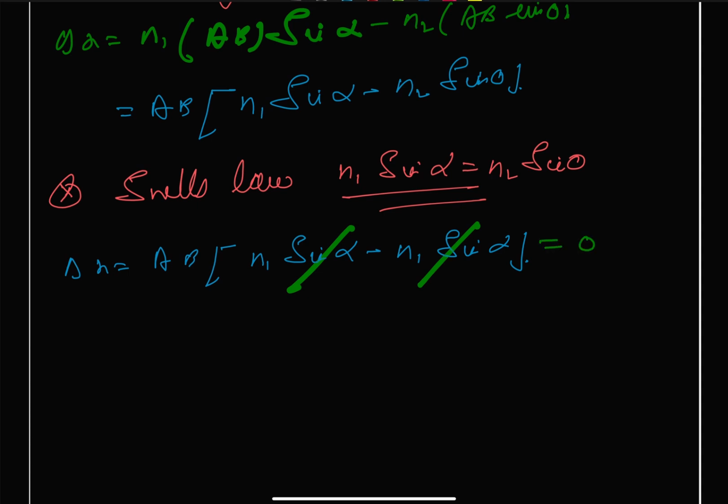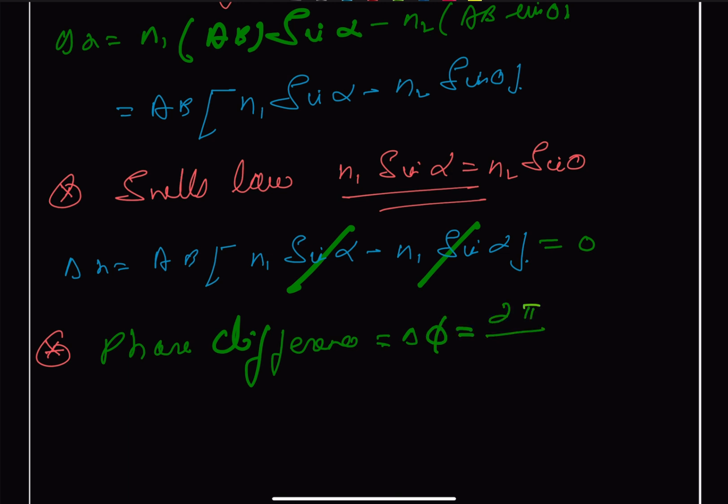And from here we can find out the phase difference. We can say that the phase difference, that is delta phi, is given as 2 pi upon lambda times delta x. Delta x is 0, so we get the phase difference delta phi equal to 0.